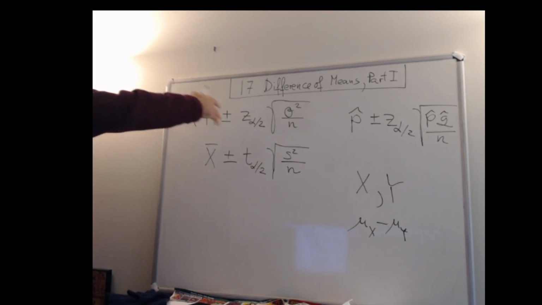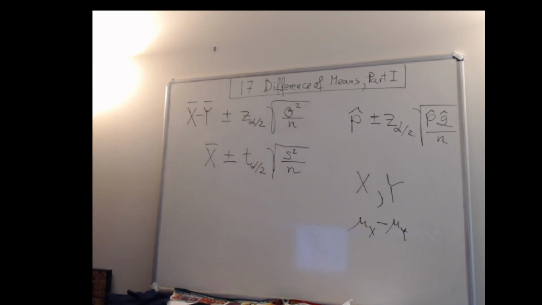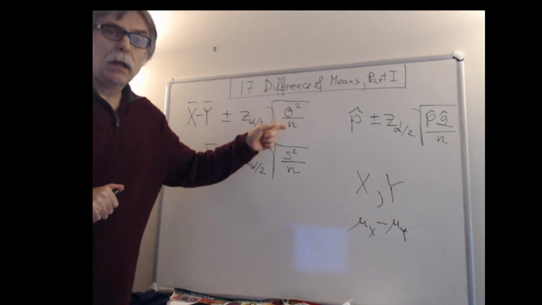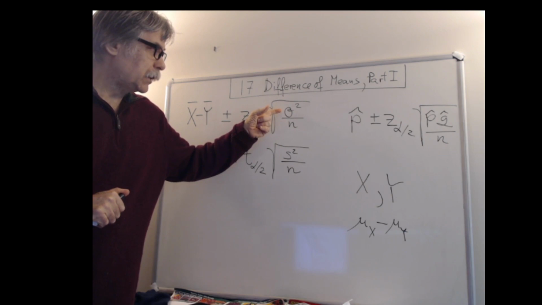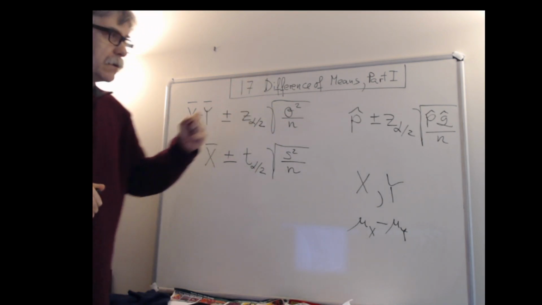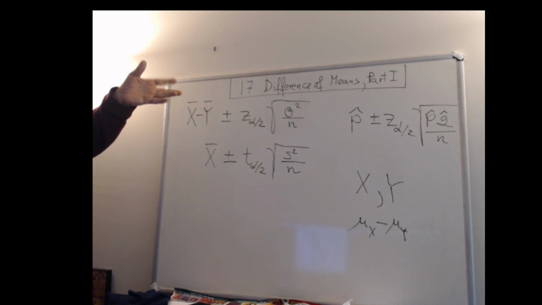Okay, in the z estimate, of course, I'll keep the critical value, z. Here I have the nth of the variance for an x originally. But now I have two variables.